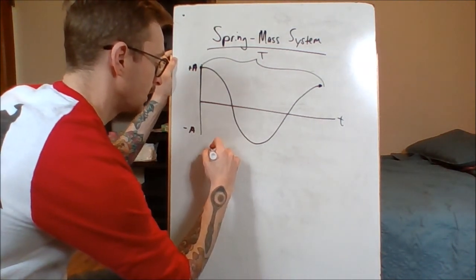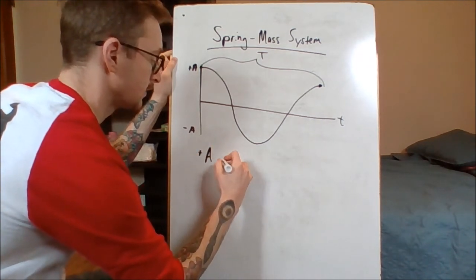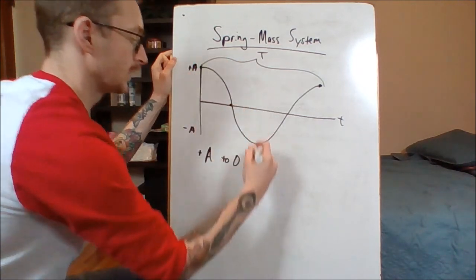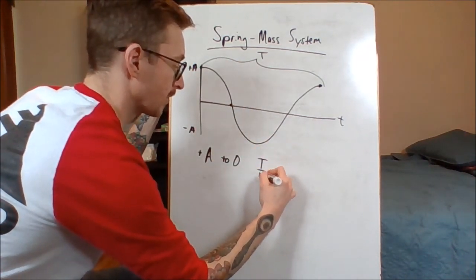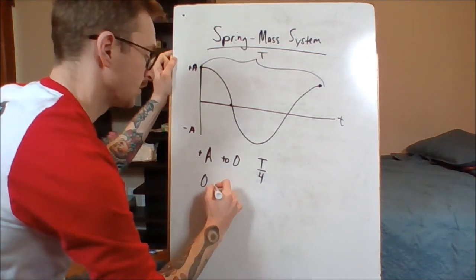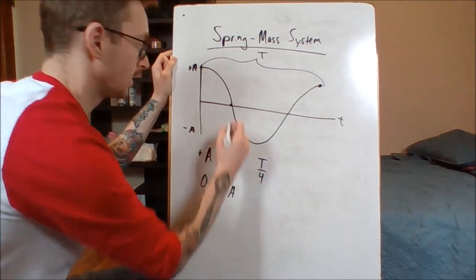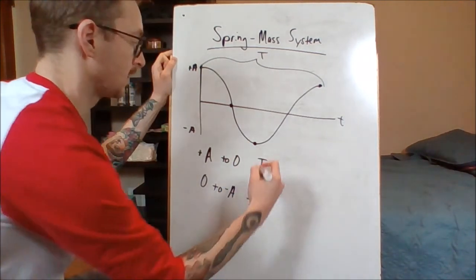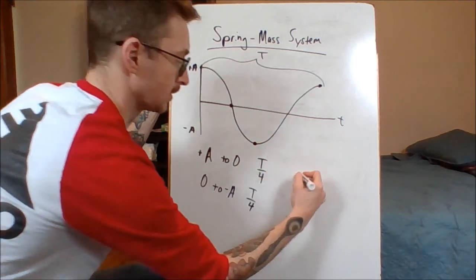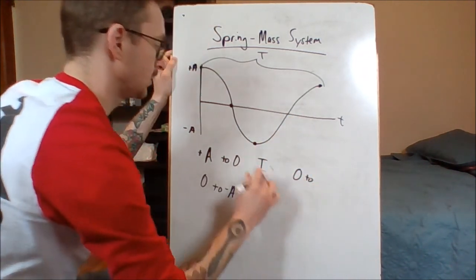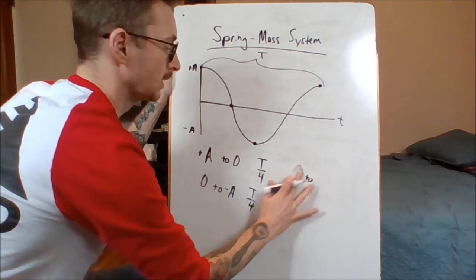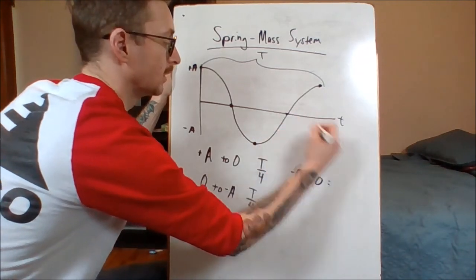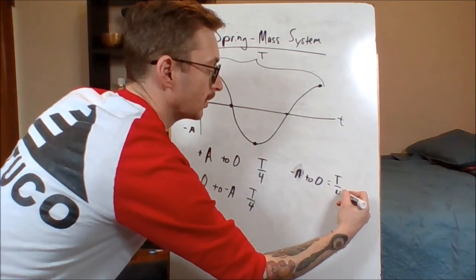From positive A to 0 would take 1/4 of the period. From 0 to negative A would be 1/4 of the period. From negative A back to 0 would equal 1/4 of the period.